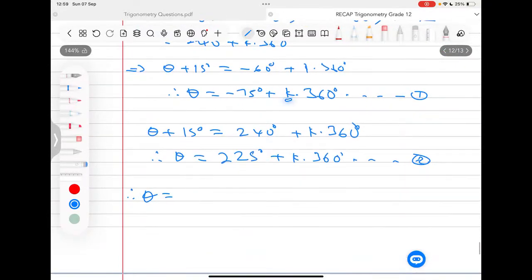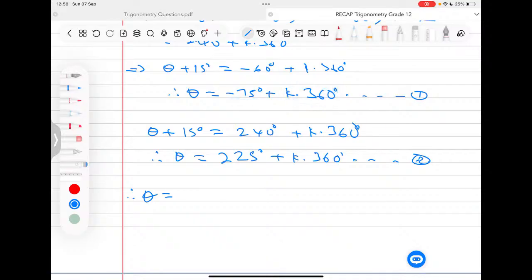So I'm saying my K is 0. Remember, k is your integers, right? -1, -2, -3, 0, 1, 2. So I'm starting with a 0 here. And when I put a 0 here, this whole thing disappears.